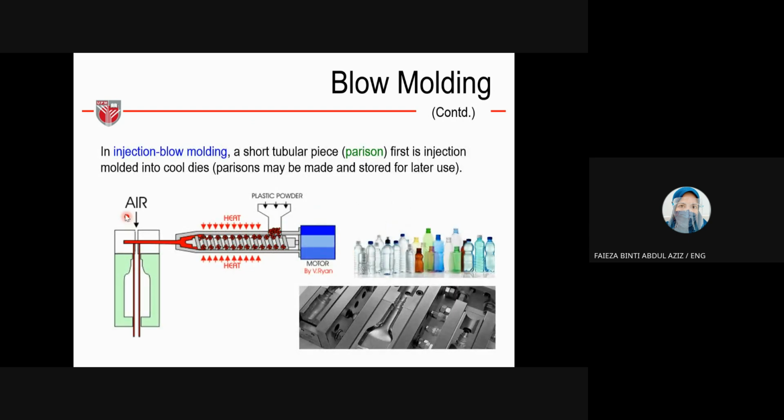In injection blow molding, a short tubular piece, which we call a parison, is first injection molded into cool dies. A parison may be made and stored for later use. As you can see here, we put in the plastic powder and it is heated and melted. So we inject here and produce the parison and then we blow.